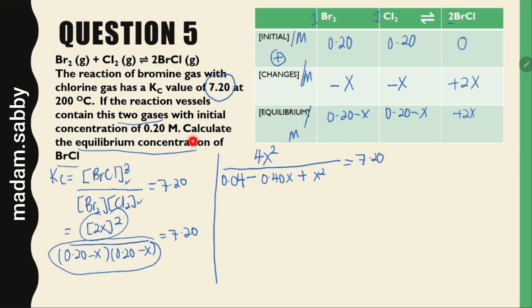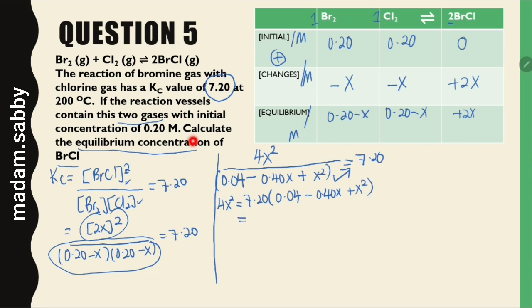So you're going to make it in just one line. Everything down here you will multiply with 7.20. So 4x squared equals, okay, 7.20 multiplied with everything first. Show your calculation so you won't get confused.